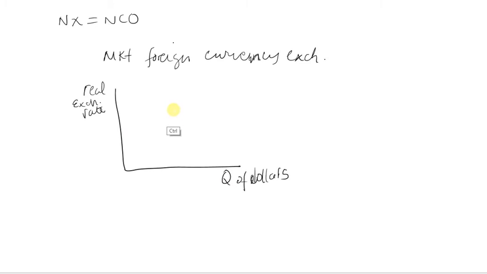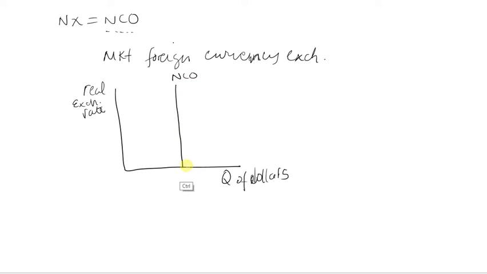Okay, now the supply of dollars in this market comes from net capital outflow. The supply comes from people wanting to invest, right? So they have to go to a market and supply their dollars in order to buy foreign assets, right? So the supply comes from NCO, okay?